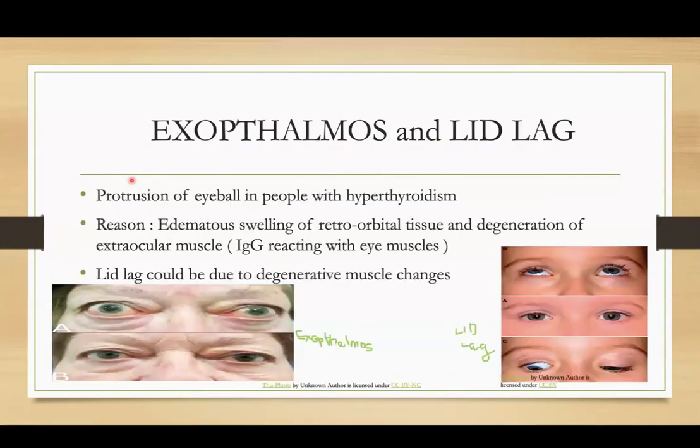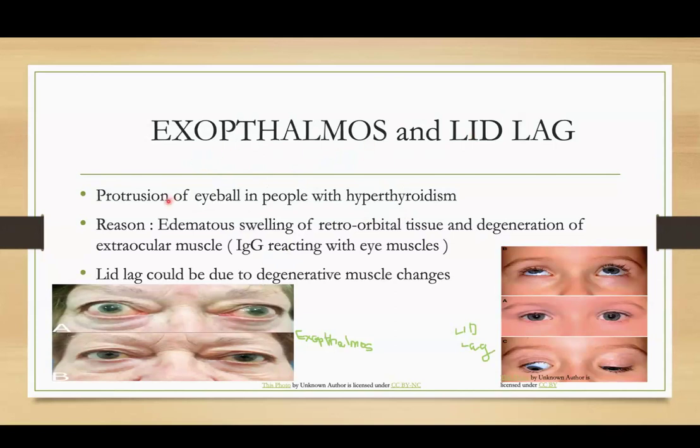Now, I said earlier exophthalmos and lid lag. What exactly is that? First of all, I said there were two words there. One was exophthalmos and the other was proptosis, and you're going to find these two words in the lecture. Exophthalmos is proptosis of the eye. Proptosis is basically protrusion of any part of the body, but exophthalmos is in particular protrusion of the eye.